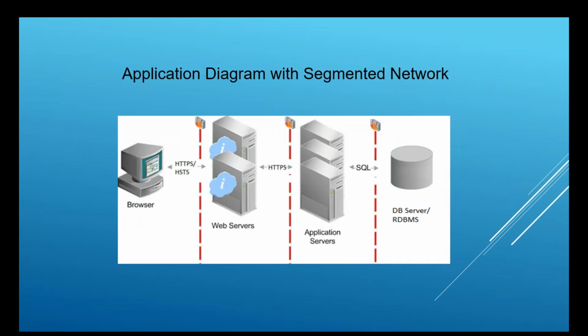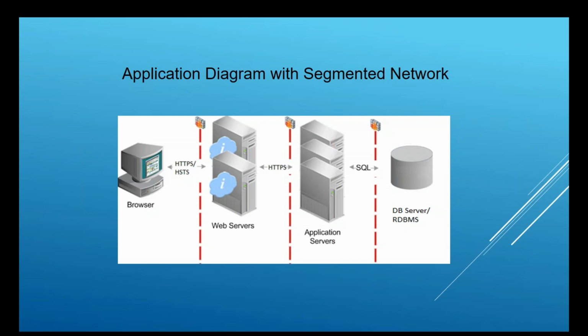In addition to that, we could add more security, and we could actually use firewalls to segment our web servers, our application servers, and our database servers. By doing that, we would only allow certain web servers to talk to certain application servers, and certain application servers could only talk to specific database servers.